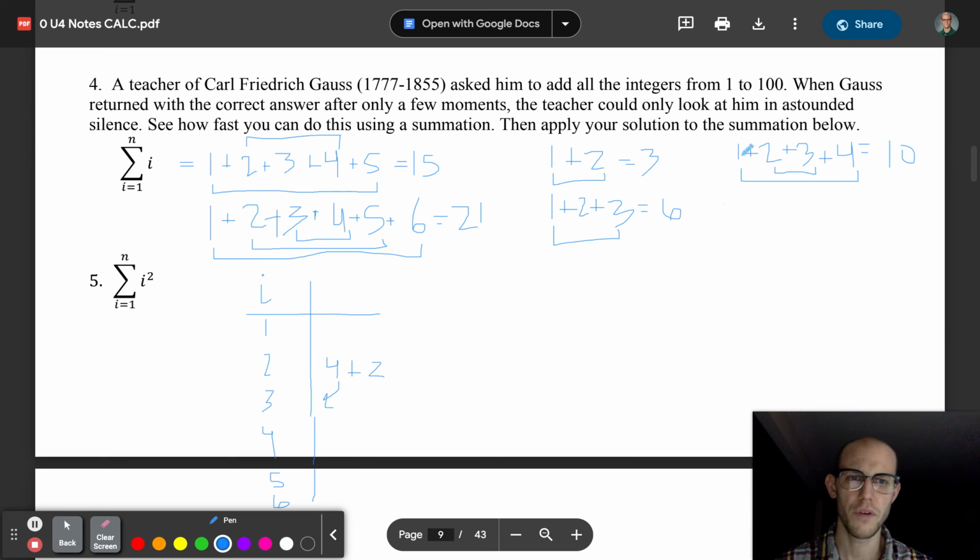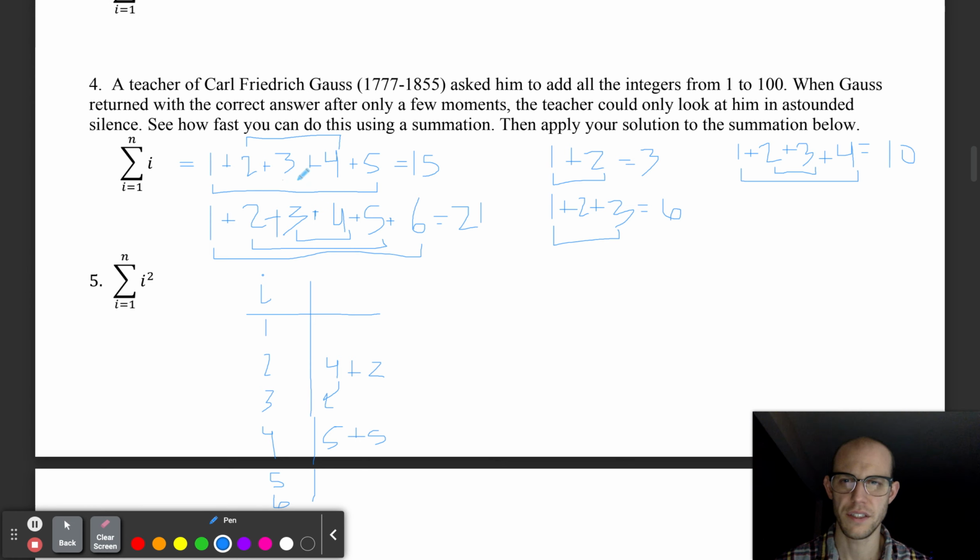For the fourth one, we were adding 5 together 2 times, and that was it. For 5, we were adding 6 together twice, and then half of it. And then for 6, we were adding 7 together 3 times.